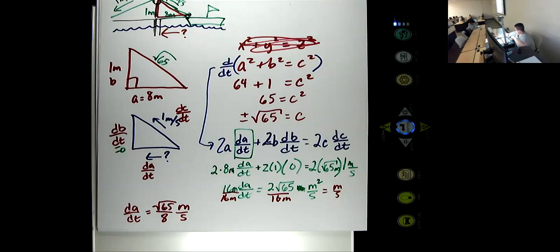And if you do square root of 65 divided by 8, because that's meaningless to me, it doesn't tell me how quickly it's moving. I don't know about you.